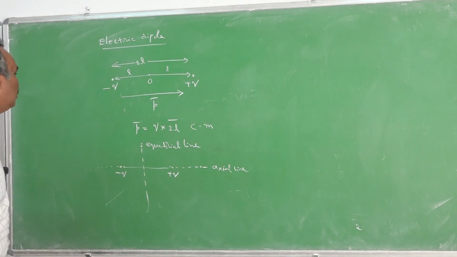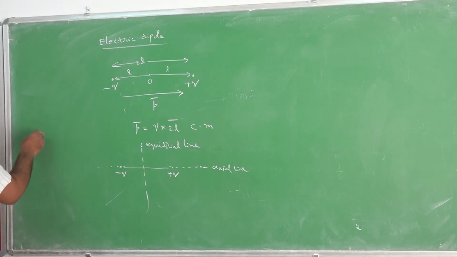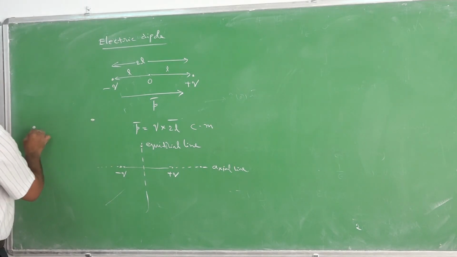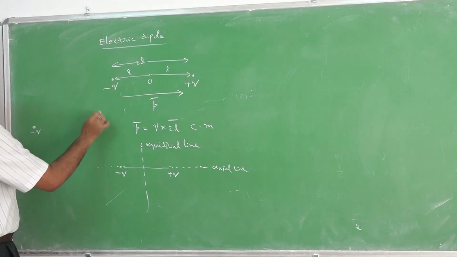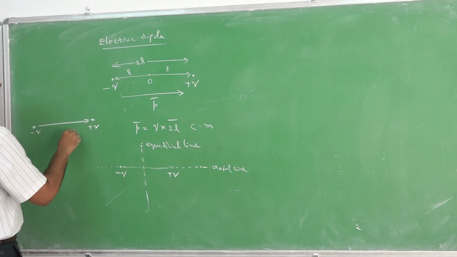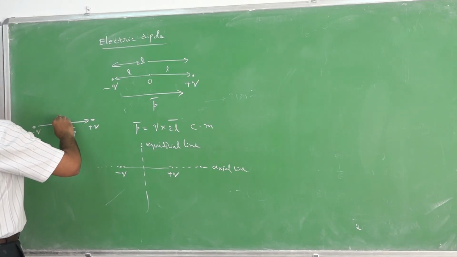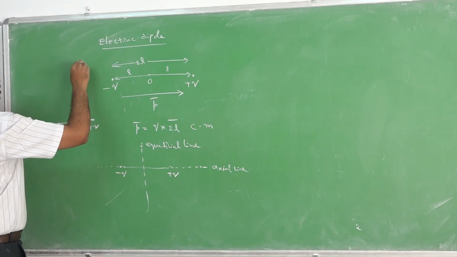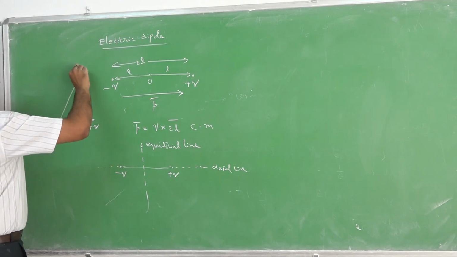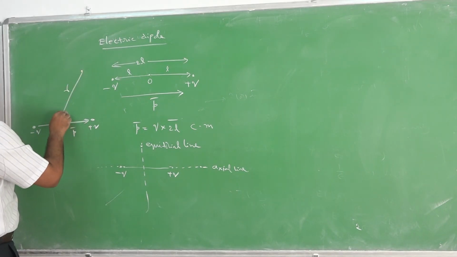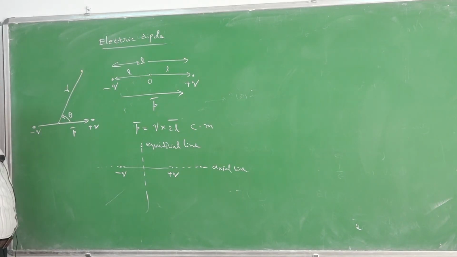The general formula for electric field strength at any point due to a dipole: suppose this is a dipole, minus q plus q, and its dipole moment vector is p bar like this. From the center of this dipole there is a point located here at a distance r, making an angle theta with the dipole moment vector.